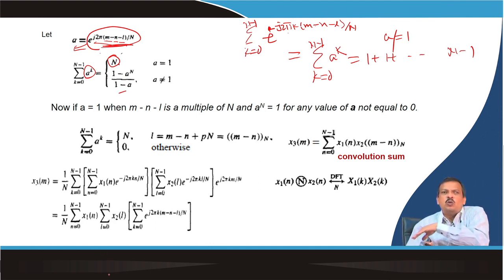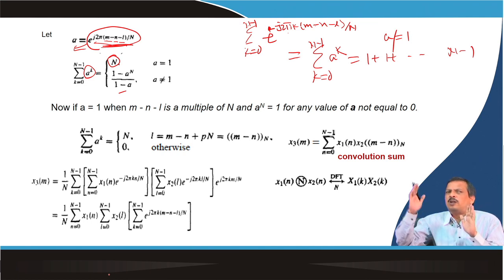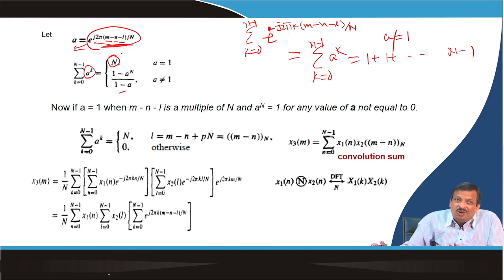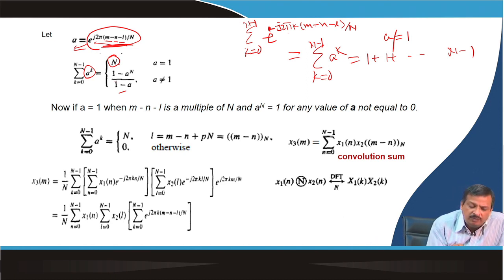If a equal to 1, it is purely 1 plus 1 plus 1 plus up to n minus 1, k equal to 0 to n minus 1. So, n number of 1 is there, so it is n. Okay. Now, if it is not 1, then it is 1 minus a to the power n divided by 1 minus a.